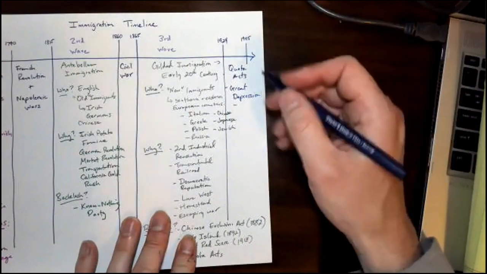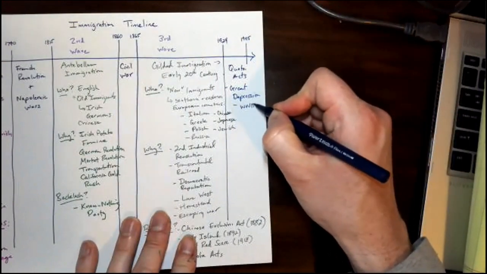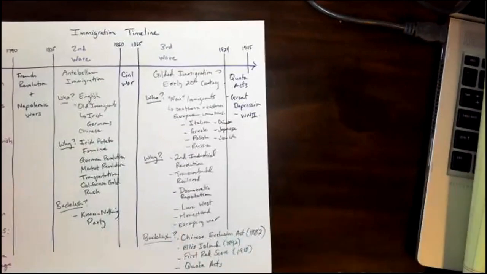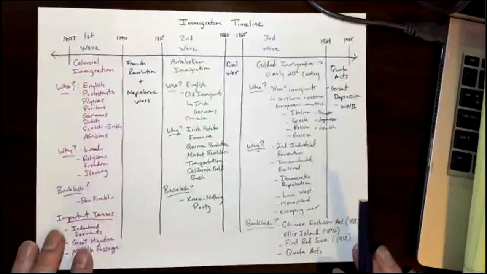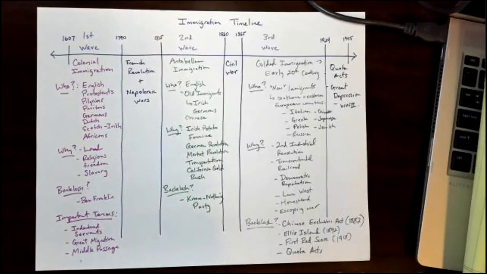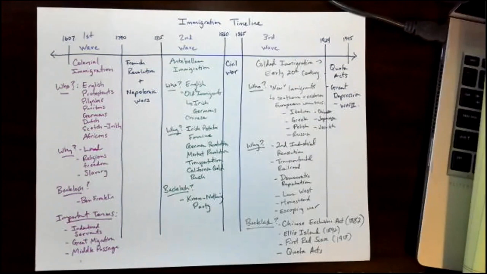And lastly, obviously, World War II. When the world is at war, that's going to end the time period, but it's also going to make it harder for people to immigrate into America. So this is just an overview of immigration, and it is absolutely worth your time to know this, because it is a strong possibility that there could be an immigration question.